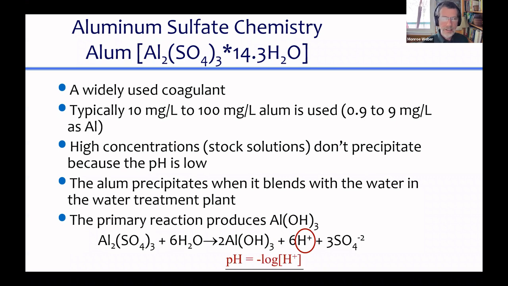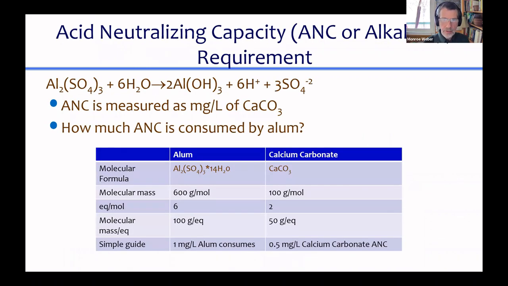This is just a reminder that pH is the negative log of the hydrogen ion concentration. We're increasing H+, so the negative log of that is decreasing, and so we're ending up with a lower pH. So acidic, lower pH.